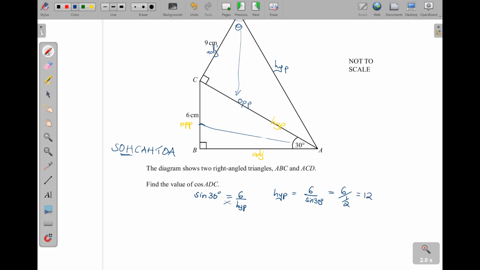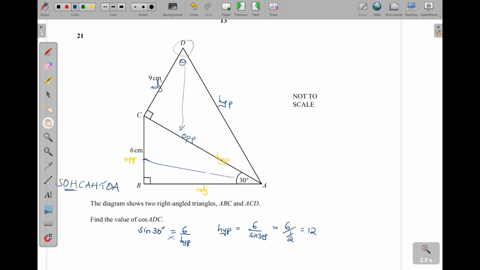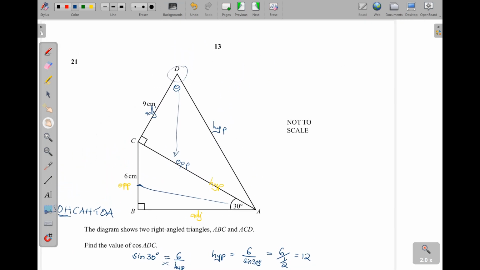Now, there are people who don't know how to find these exact values. Let me take you through this calculation here. We can use those angles, 45, then 30, and then 60. So for 30, we get it using an equilateral triangle.